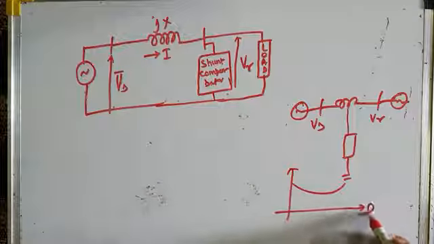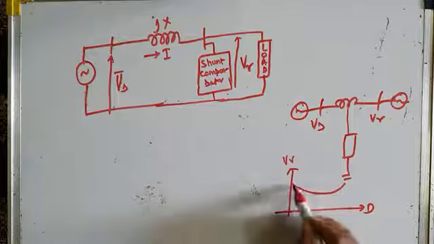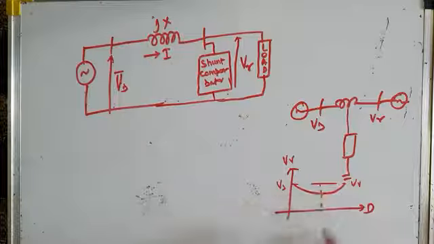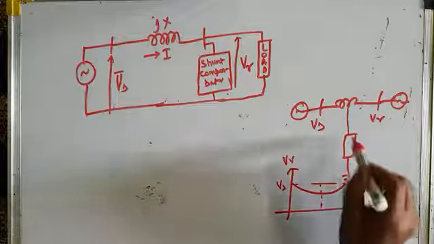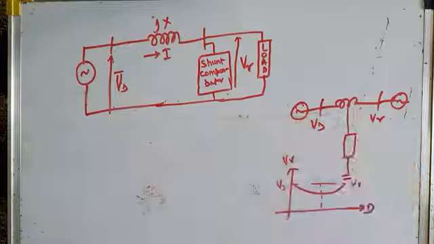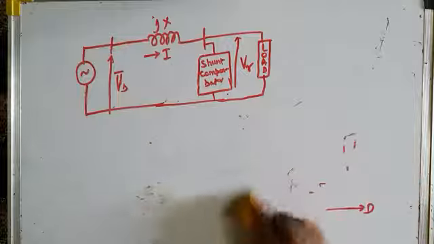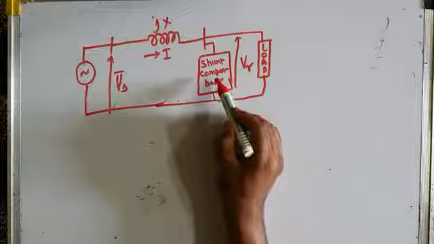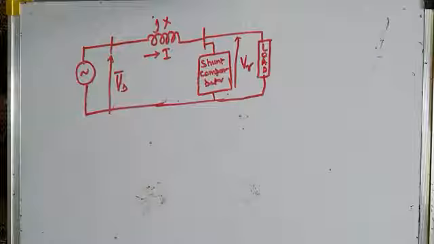If this is the distance and this is the voltage, then this is the sending end voltage, this is the receiving end voltage. Maximum drop occurs in the middle, and the best location of the shunt compensator is the middle of the transmission line. But for this case, where we have a radial feeder or radial transmission line, the best location of the shunt compensator is across the load, because the load suffers the maximum voltage drop.